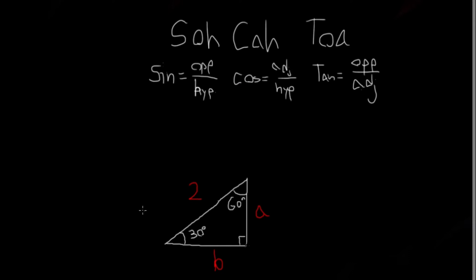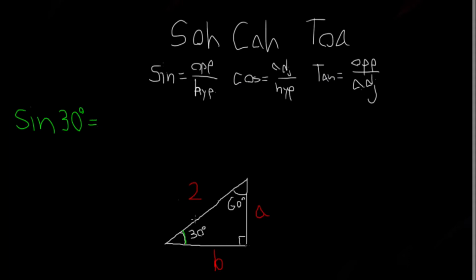So what are our sines and cosines in this triangle, just to start off, to get an idea of what we're working with? Okay, so what is the sine of, let's start with this angle. Sine of 30 is equal to, and that's a constant, sine of 30, it's a constant ratio.